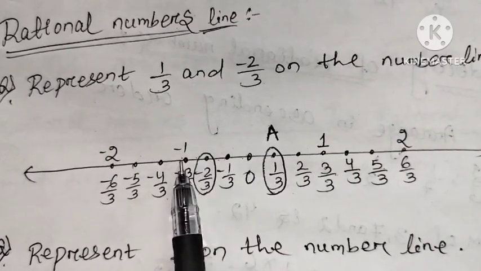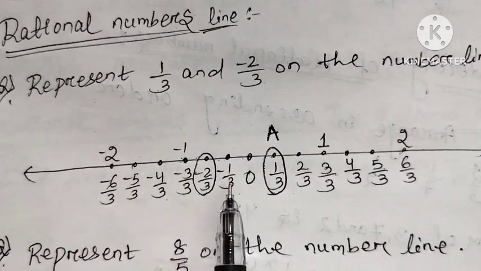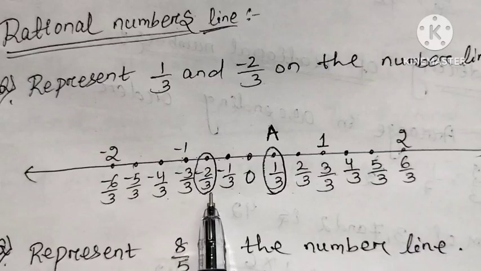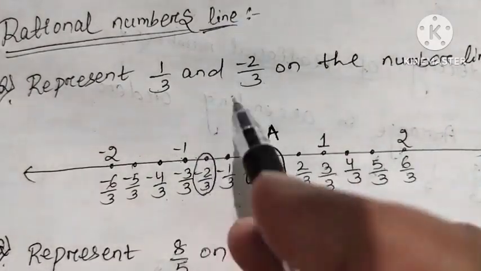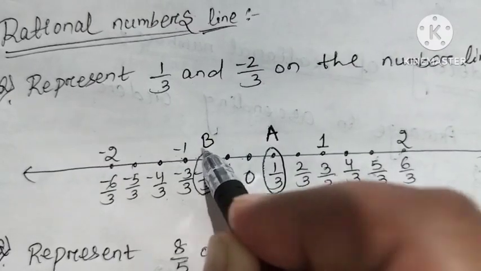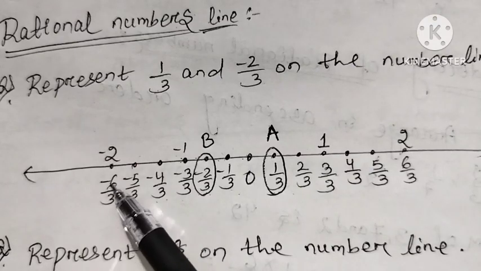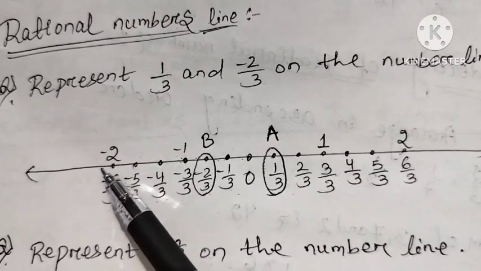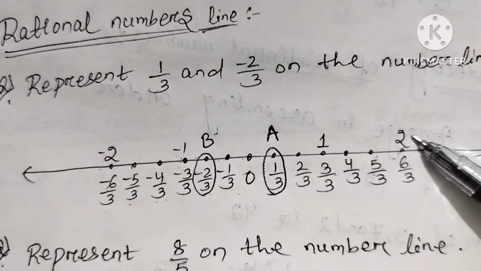They are -1/3, -2/3, -3/3, which is -1. So -2/3 is the required answer. Next are -4/3, -5/3, -6/3 which is -2. Same way, 4/3, 5/3, 6/3 is 2.